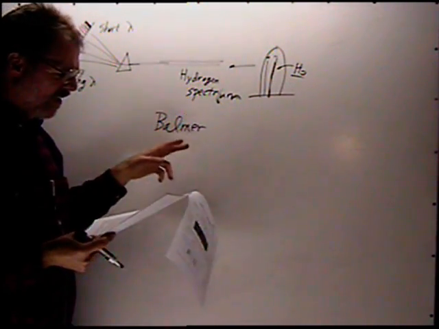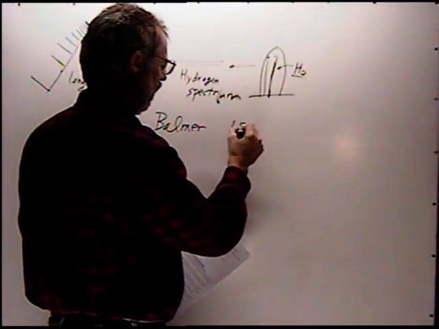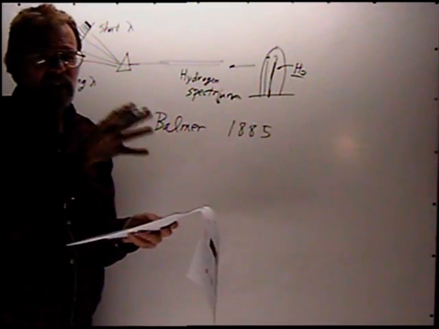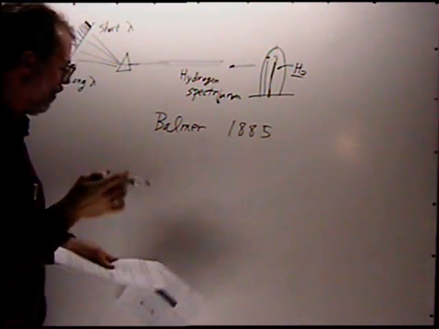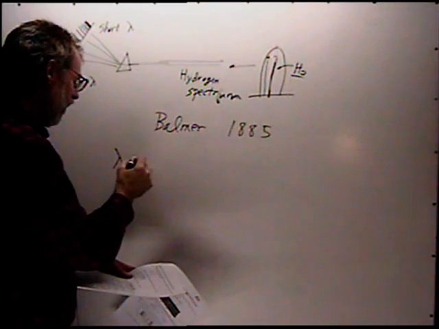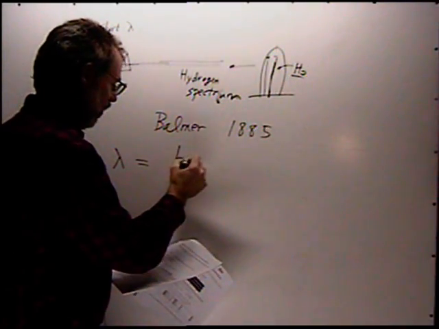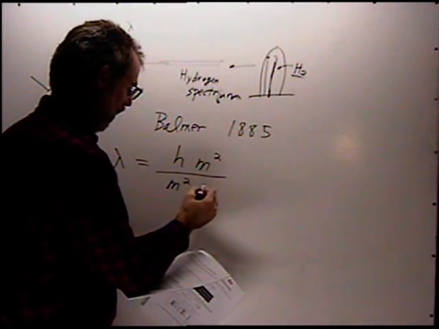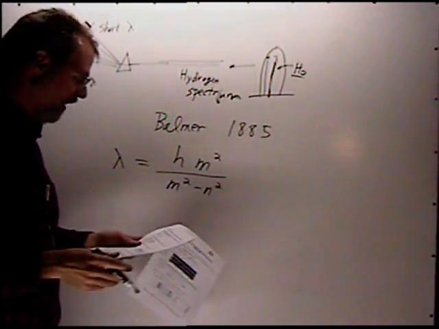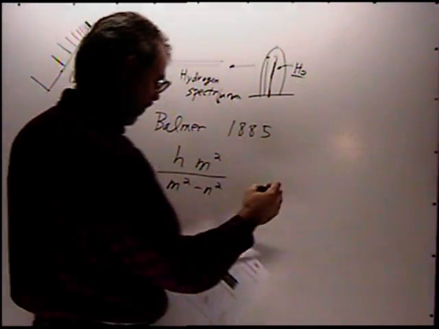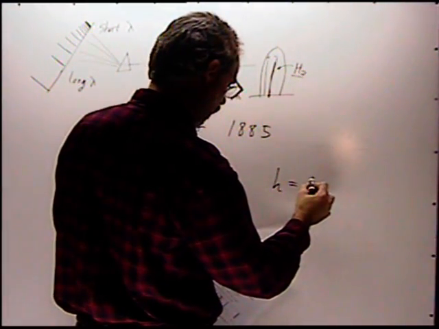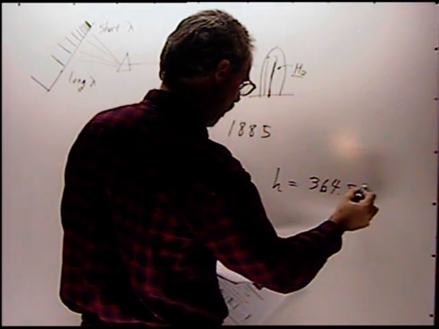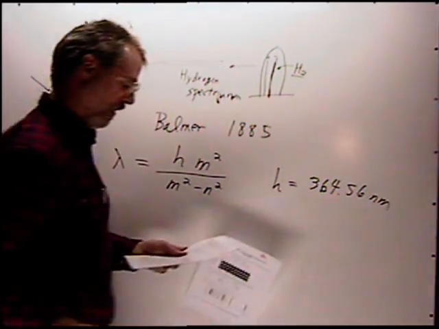Well, Balmer, in 1885, was very good at working with raw numbers and looking at patterns in numbers, and he came up with a formula. The formula was that the wavelength is equal to h m squared over m squared minus n squared. This constant h was equal to 364.56 nanometers.